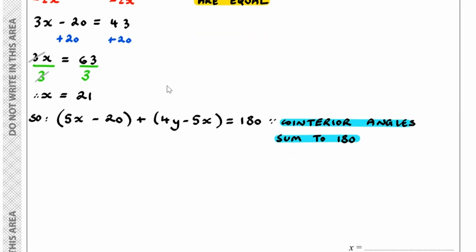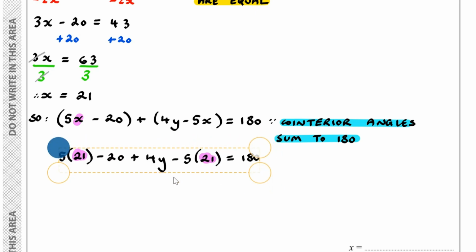Now we already know what x is, that's 21. So we have 5 multiplied by 21 minus 20 plus 4y minus 5 multiplied by 21 equals 180. Now what you'd find is 5 times 21, subtract 5 times 21 gives 0.